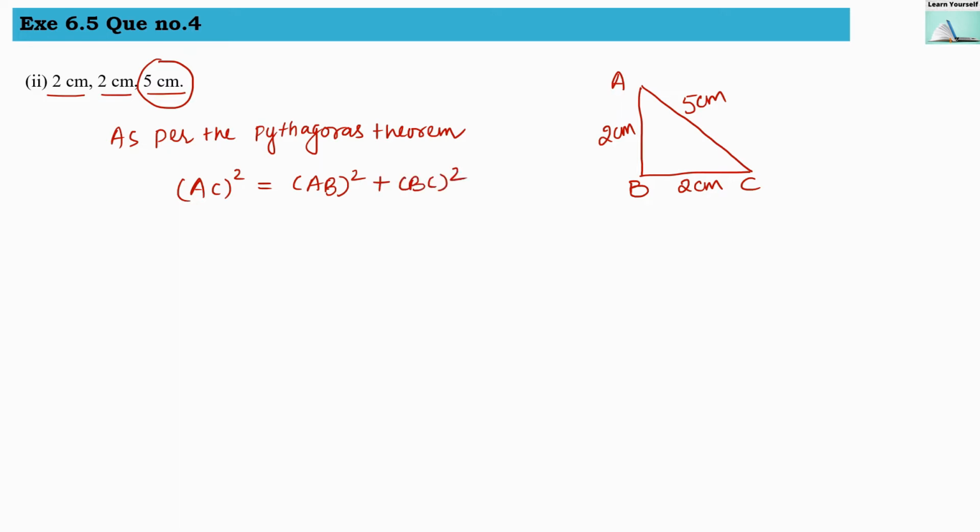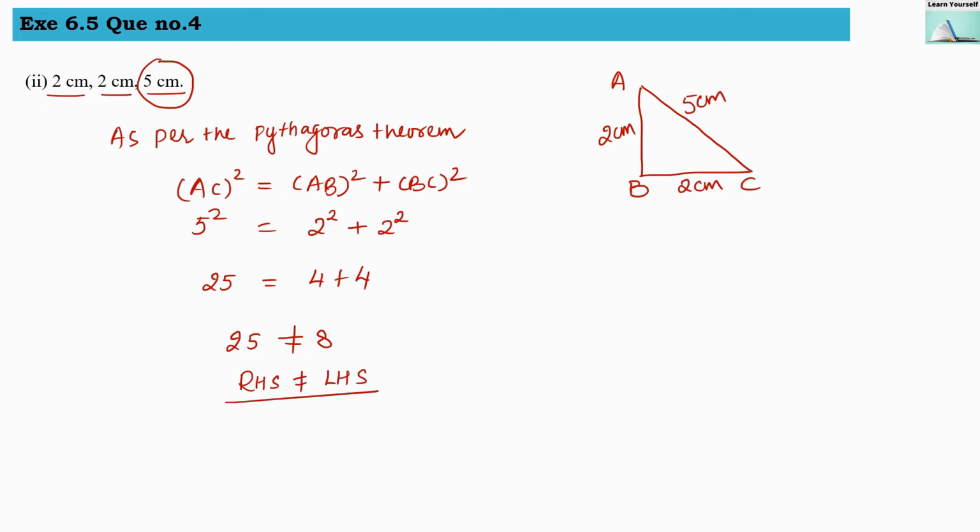So 5 square equals 2 square plus 2 square. 5 square gives us 25, whereas here we get 4 plus 4. So 25 is not equal to 8. RHS is not equal to LHS. So this triangle is not a right angle triangle. Our answer is that the given triangle is not a right angle triangle.